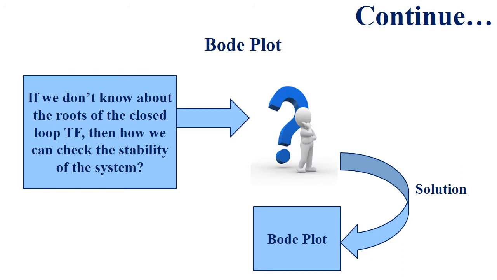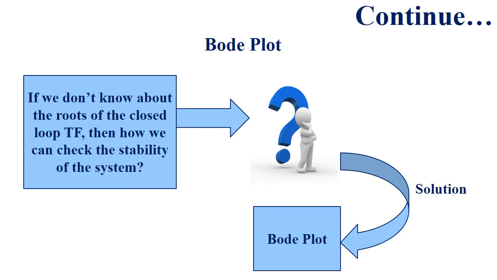So here we have the importance of Bode plot. If we don't know about the roots of the closed loop transfer function, then how can we check the stability of the system? Because the system roots are in factor form, we must inspect the denominator to observe whether the real parts are positive or negative.